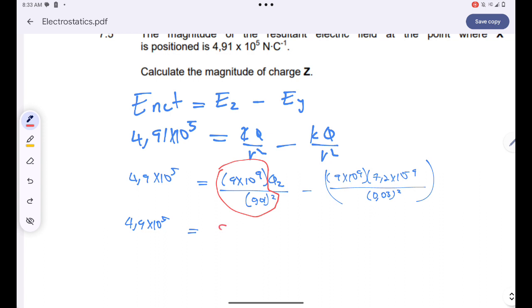This is just 9 times 10 to the power 13 multiplied by qZ, minus 9 times 10 to the power 9 multiplied by 7.2 times 10 to the power negative 9 all over 0.03 all squared. This is just 72,000.